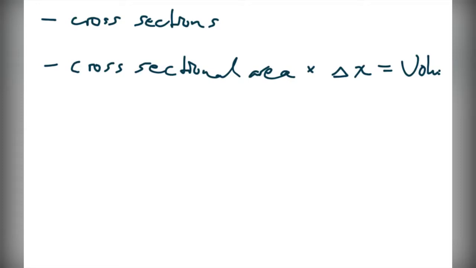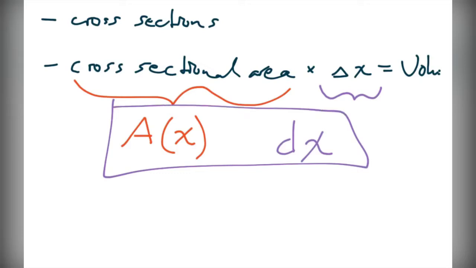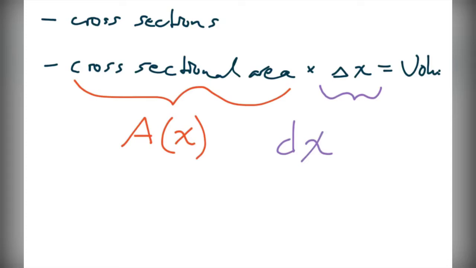Now, here's the neat thing. A cross-sectional area will be able to be thought of as a formula. It'll be some type of area formula. And the change in x, delta x, will be able to be thought of as dx. Now remember, this statement right here represents the volume of each one of those cross sections. So all we need to do now is add them all together. We need to add an infinite amount of them together.